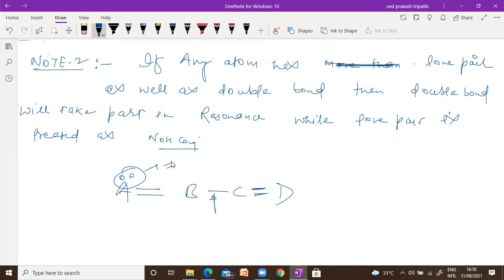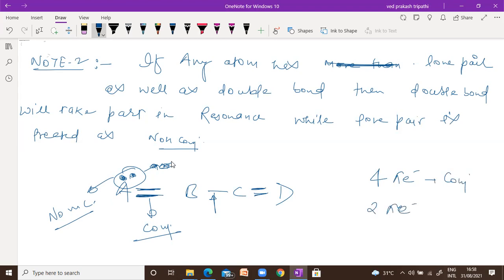It means this compound has resonance, but A has both lone pair as well as double bond. So if A has both, then only the double bond will take part in conjugation, while the lone pair is treated as non-conjugated. So you can see you have 4 pi electrons as conjugated and 2 pi electrons as non-conjugated.